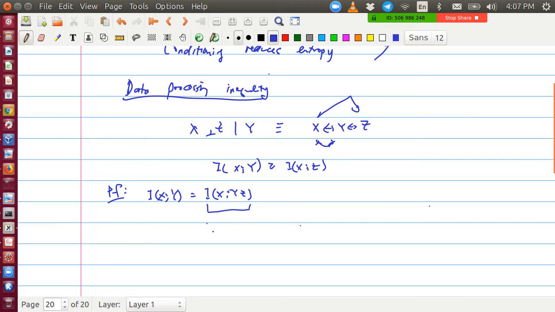We didn't look at cases like I of X with multiple random variables, but it's the same kind of definition. We are trying to prove this. Did we define something like that? It doesn't matter. We can consider this as H(Y,Z) minus H(Y,Z given X). Actually we did define it, because it's symmetric.